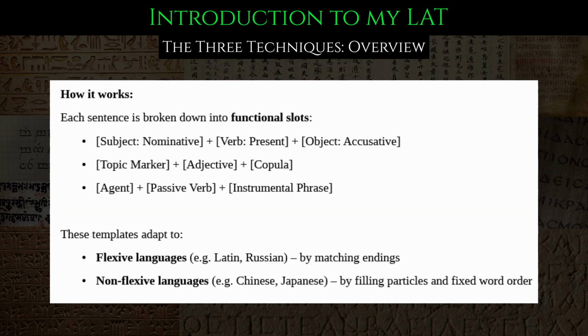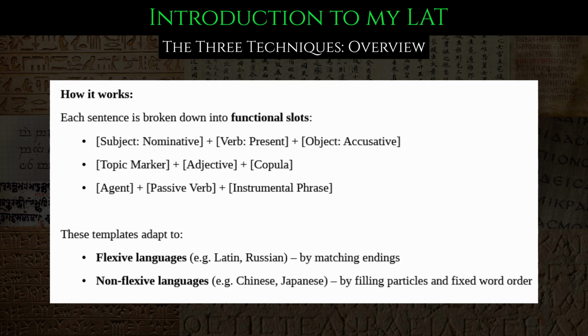Let's look at how it works. Each sentence is broken down into functional slots. For example, we have the subject, which is in the nominative, plus a verb, which is in this case in the present tense, plus an object, which is in this case the accusative. This is one example of a simple sentence.